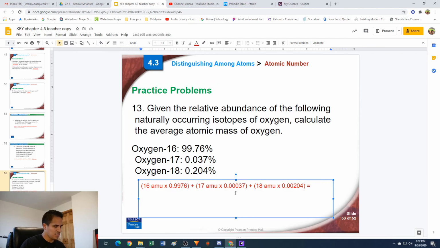So basically we get 16 AMU. That is our average atomic mass. So average atomic mass is equal to 16 AMUs, which would make sense because obviously the oxygen 16 has a 99% abundance. So pretty much is all that one.